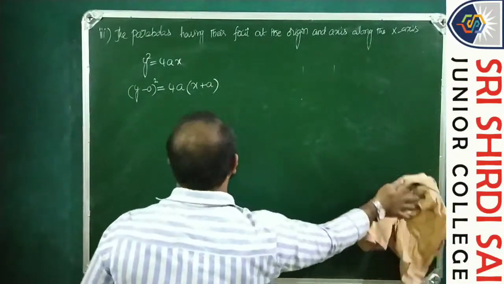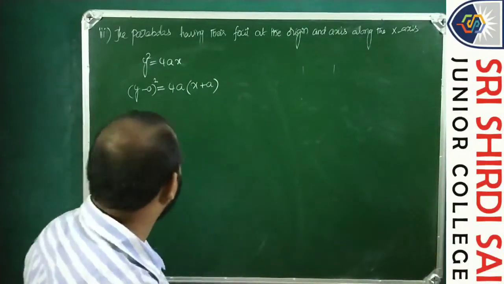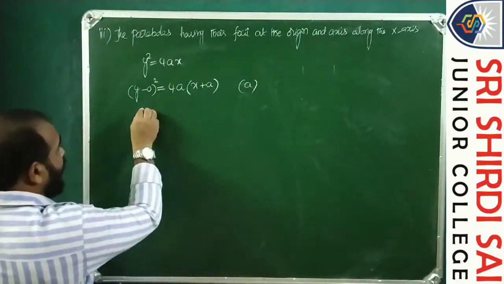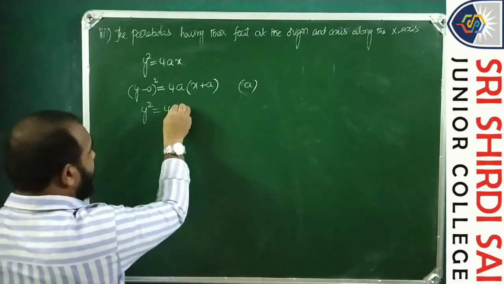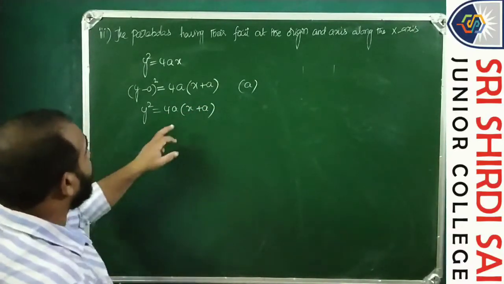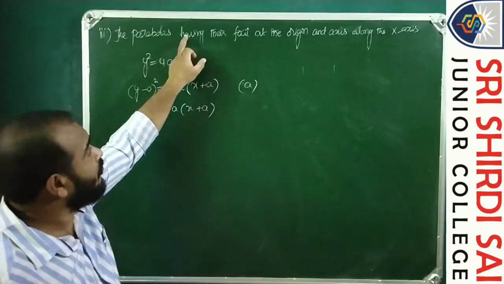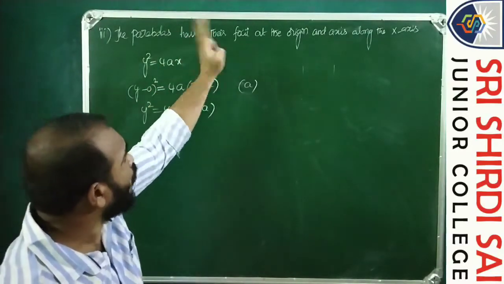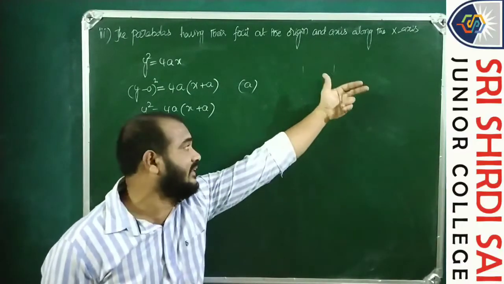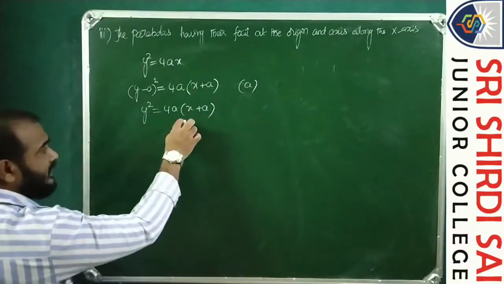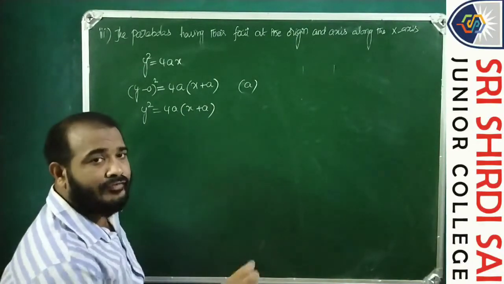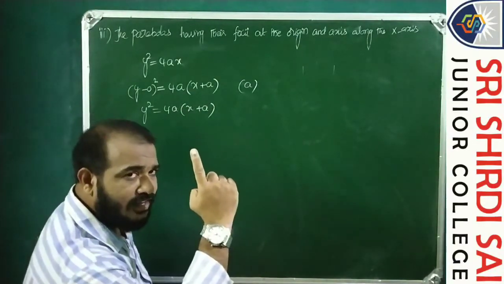Now, since here it contains only one constant which is a, y square is equals to 4a into x plus a. So this is the given equation of the family of all parabolas whose foci are at the origin and axis along x-axis. Now since it has only one arbitrary constant, we need to differentiate it only once.